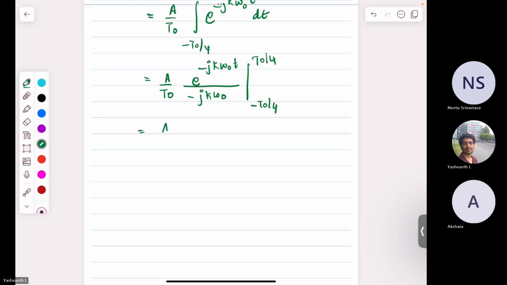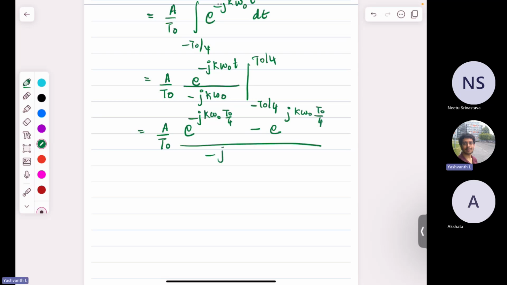Same as A by t0 into minus j k omega naught t0 by 4 minus j times k omega naught t0 by 4 by minus jk omega naught.